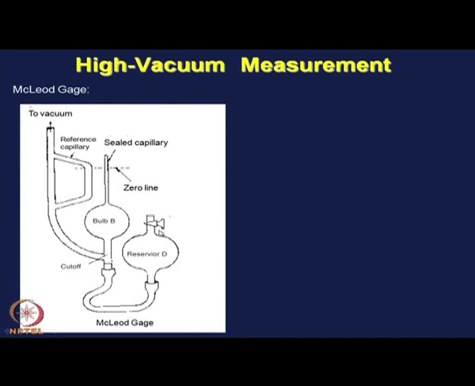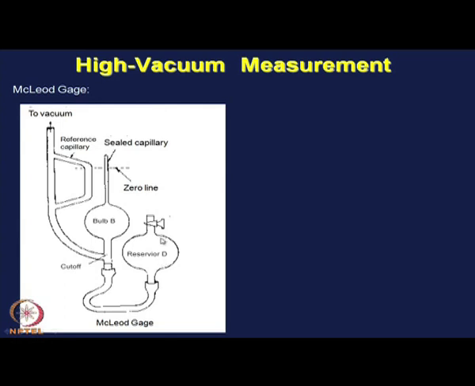First, we lower the reservoir sufficiently so that this entire part is filled with the gas, and then we raise the reservoir. As we raise the reservoir, mercury layer goes up and then when it crosses this point, this part gets disconnected from this part.